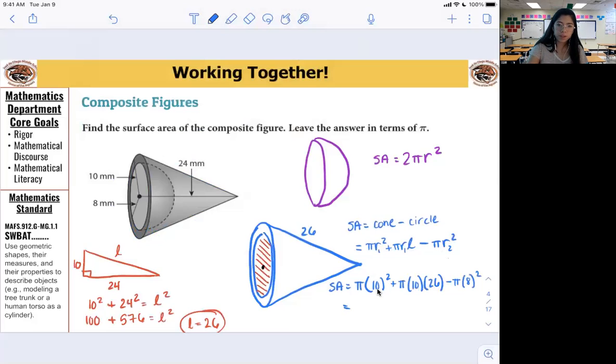Okay, so that's 100 pi plus 260 pi minus 64 pi. What do I get? 96 pi?